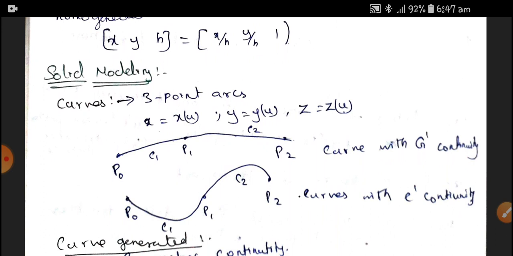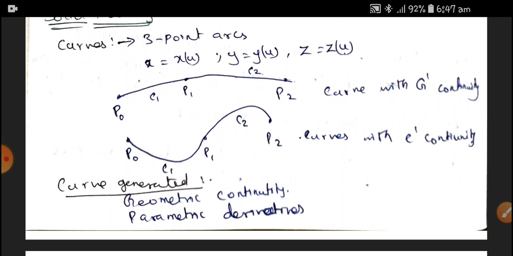Next is a solid model. In the solid model, 3-point arcs and curves are given. So with 3 points we can generate a curve.